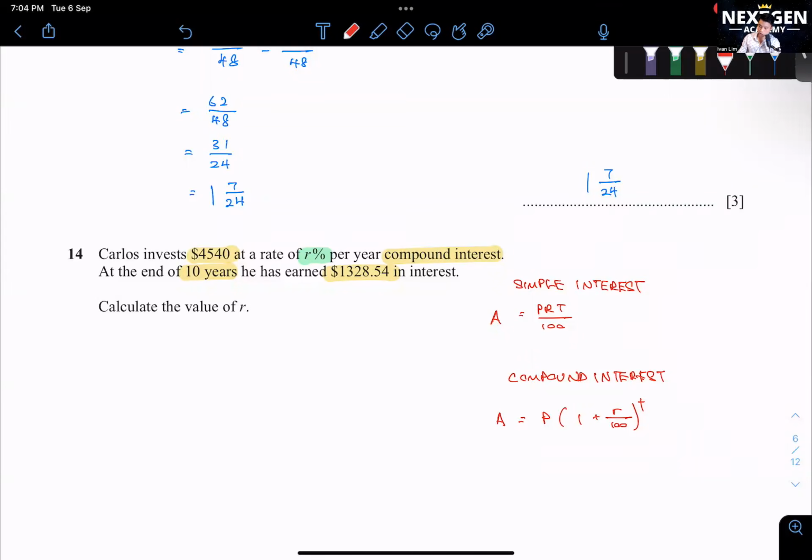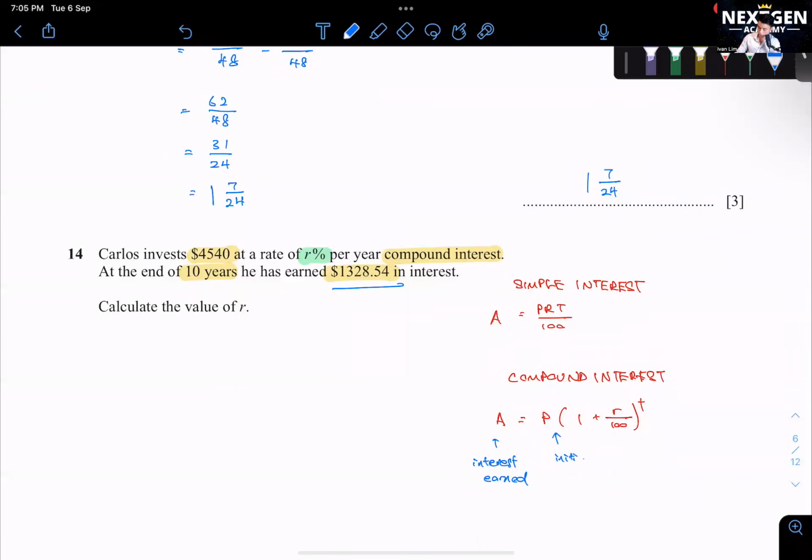Clear how to do this? What we need to do is just sub in whatever values we have. A is your final amount. Sorry, A is not your final amount. A is your interest earned. You see, they say 1328 in interest. What does P stand for? Your original or initial amount.